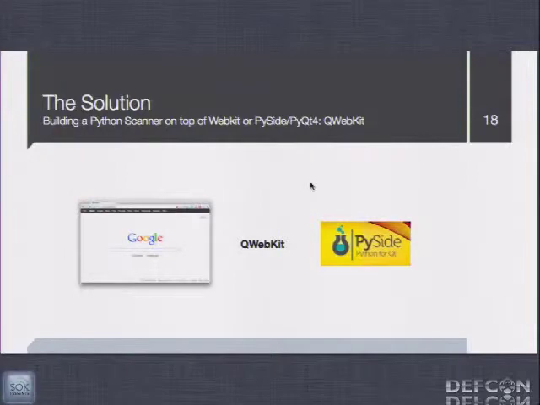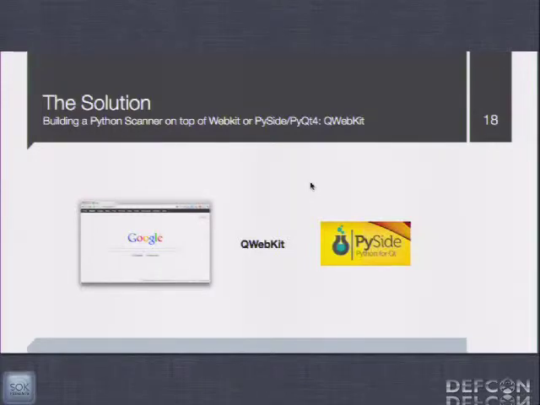So I jumped over a couple of slides, but I wanted to come to that final point very quickly, because the fundamental reason for this talk is simply, and that's really simple, I created a Python web scanner and replaced the core component that we know from all the scanners out there.